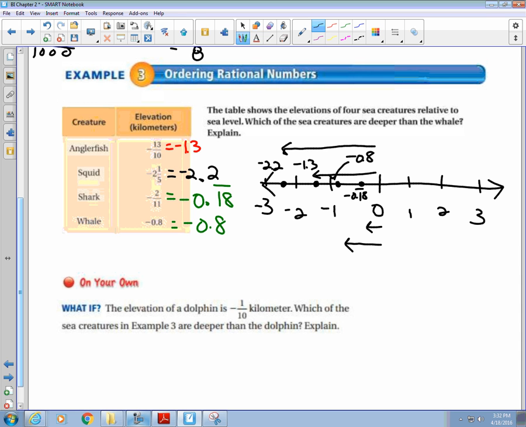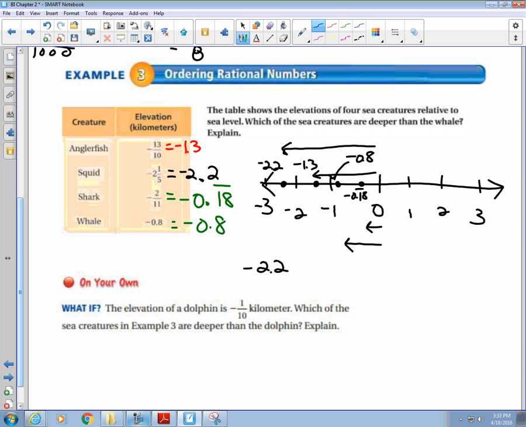So now we have our 4 numbers listed on the number line, and we're going to be able to identify which one is the least, because the one that's the least is furthest to the left. The one that's the greatest is furthest to the right, and the 2 numbers in between fall somewhere between least and greatest, and we just have to do it in order. The number furthest to the left would be negative 2.2.